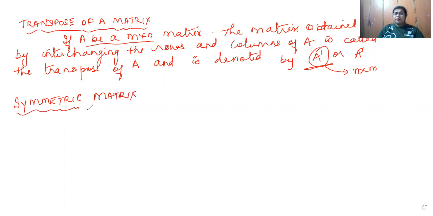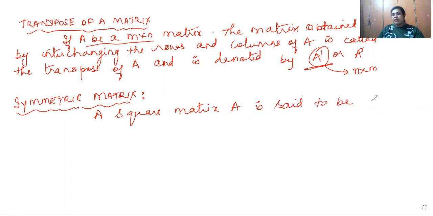Okay, symmetric matrix. For symmetric or skew symmetric, one main important thing you should remember is the word square. A square matrix A is said to be symmetric if A transpose, A dash, is equal to A. Very, very important.